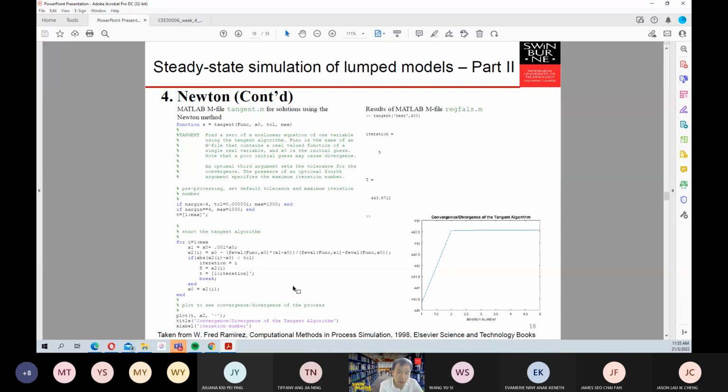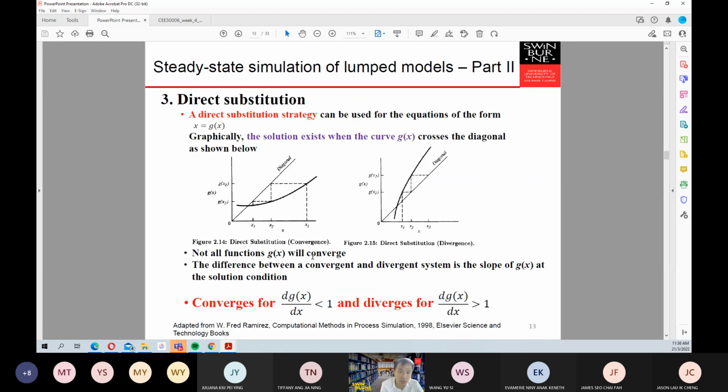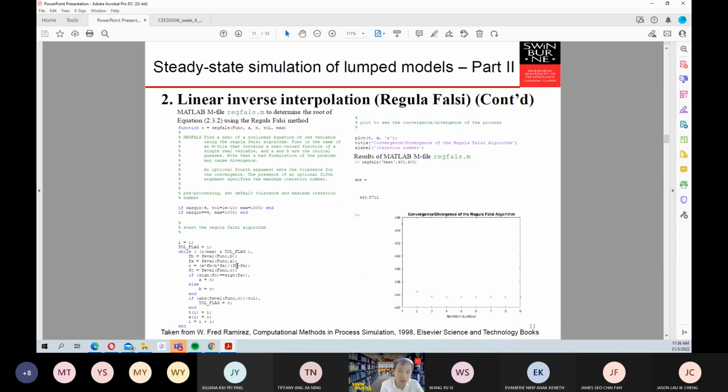Then what will happen in here is that it will keep each value of the iterations in terms of t, and then this will also make another matrix from 1 until the iteration. If the absolute value of the difference between the new value and the old value is less than the tolerance, then we will break out of the looping. So the method of breaking out of the looping is different from the logic in the regular false position method. In the regular method we break out by setting the tol flag equal to 0.